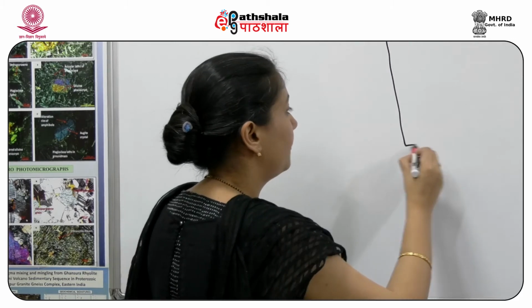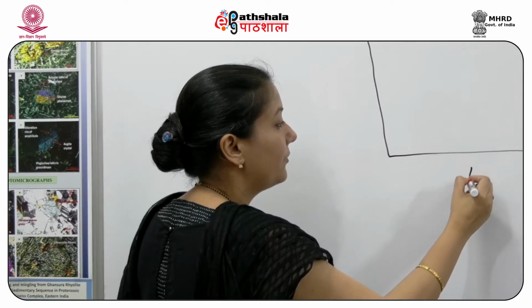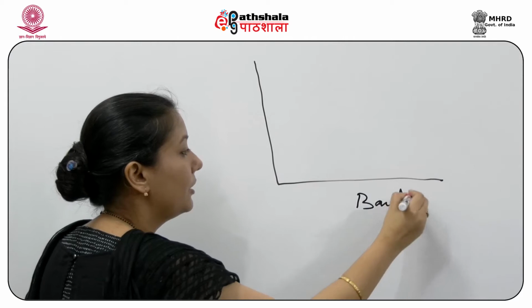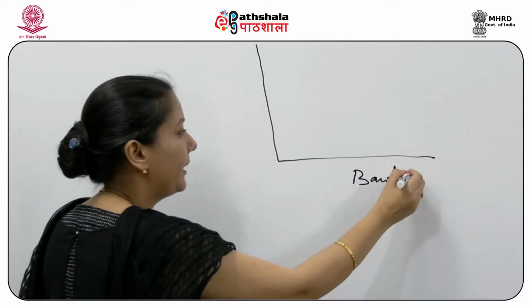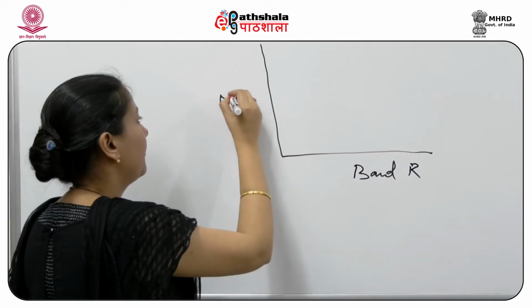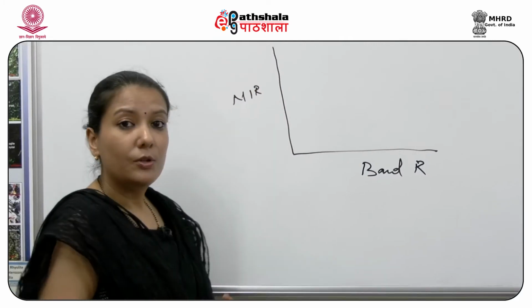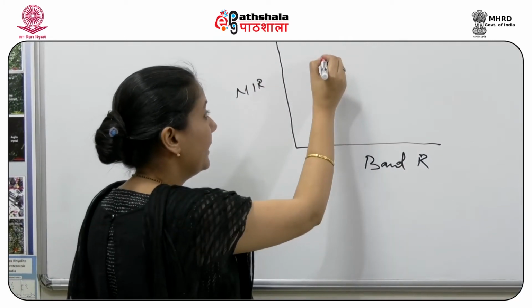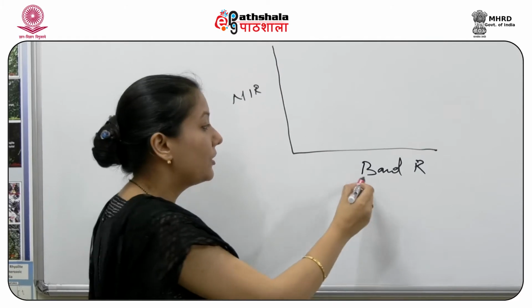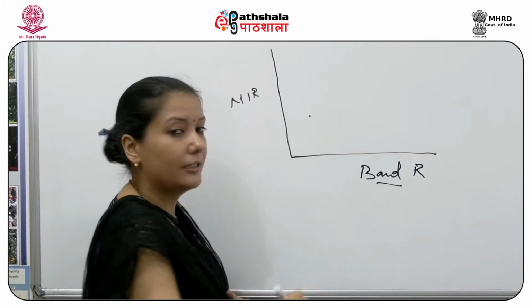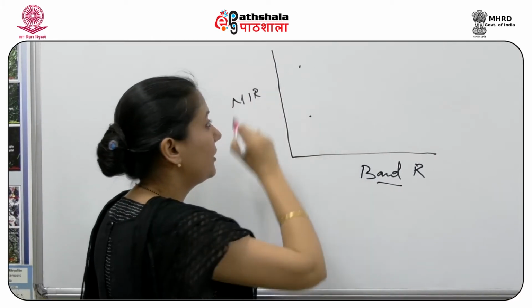Spectral signature is, if you look here, if this represents one of the bands, say the red region, band R, and here we have NIR. So a vegetation would have higher reflectance in NIR and low reflectance in band R. So the point might be somewhere here.